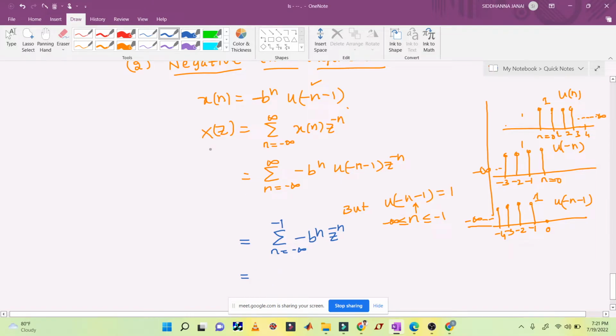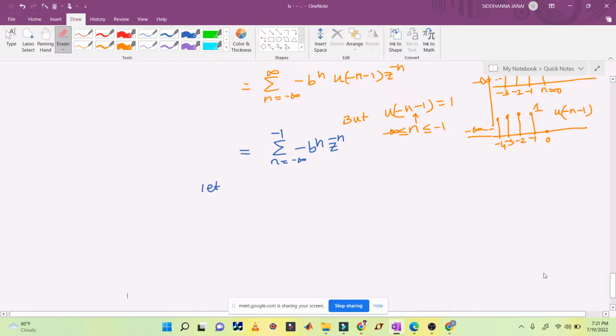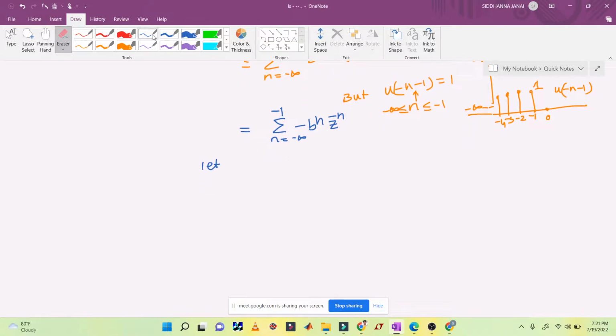Now let me simplify this further by considering m is equal to minus n.